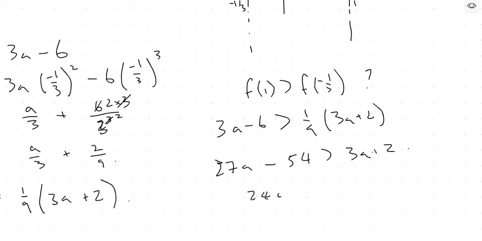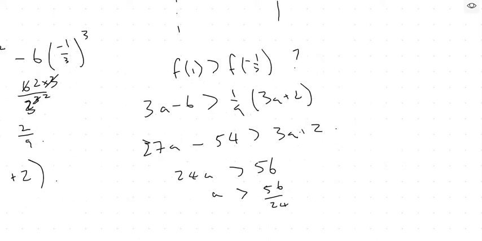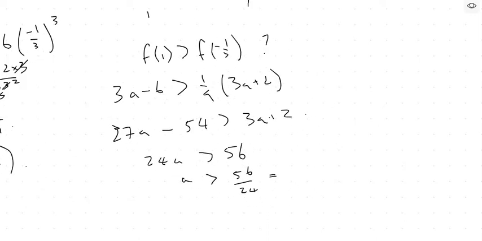Move that over, so 24a is greater than 56. a is greater than 56 over 24, which is 28 over 12, which I'll just halve again, 14 over 6, 7 over 3.